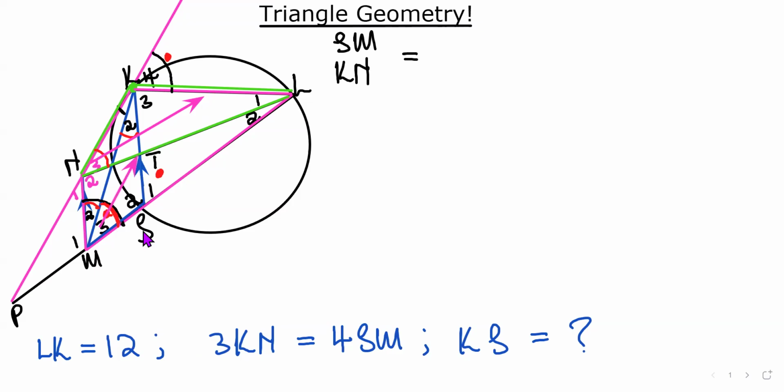But since I want to begin with the smaller triangle, if I take KS or SK and I divide it by KL, it must be equal to what? Remember, you don't need to write all three ratios, but I'm just going to write all three of them. And of course, I'm going to drop the irrelevant one. So yes.